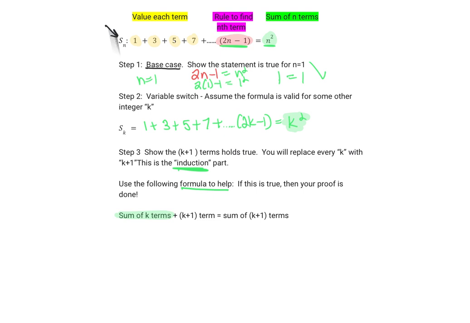The k plus 1 term is basically going to be this guy here, except instead of k, we're going to put in k plus 1, okay? And then finally, it's going to equal the sum of the k plus 1 terms.